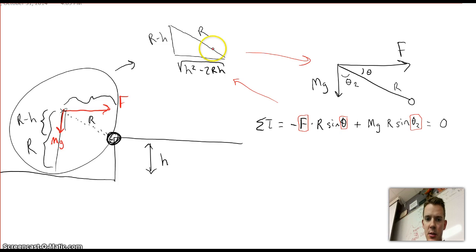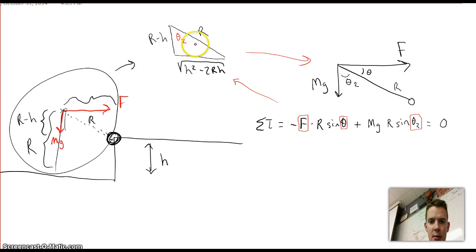Do you kind of see how this triangle right here shows up actually kind of like right there on my diagram? So really this angle here looks like it's theta 2.